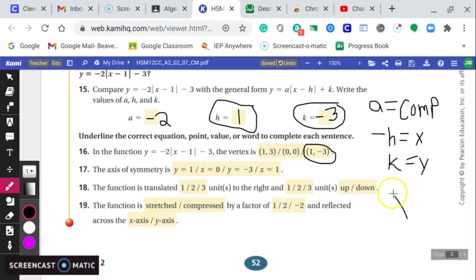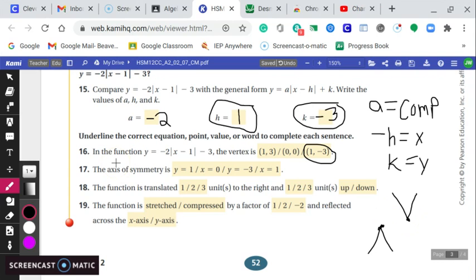If it's a positive graph, the vertex is the lowest point. If it's a negative graph, your vertex will be the highest point, which is difficult to understand without seeing a picture. But if it's negative, the vertex is the highest point. If it's a positive graph, which means opening up, the vertex will be the lowest point.